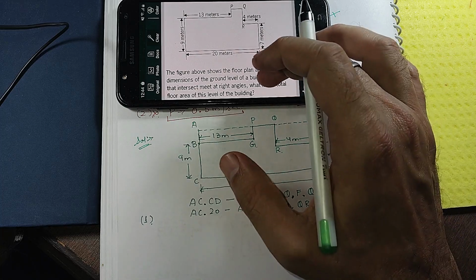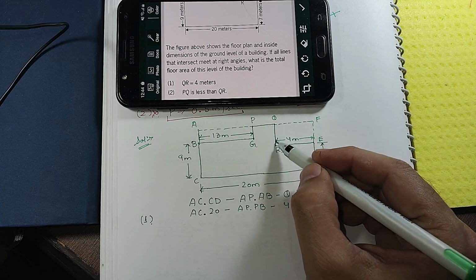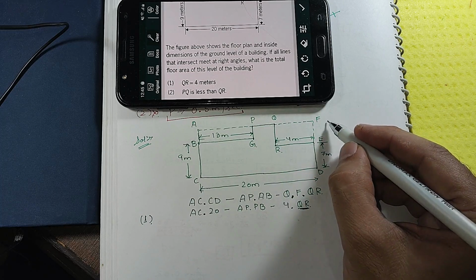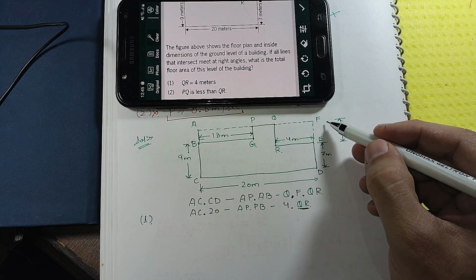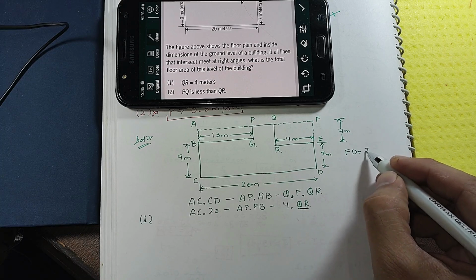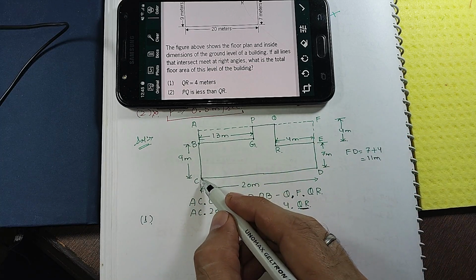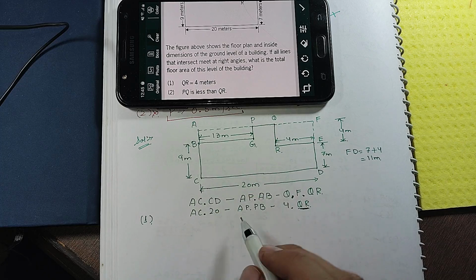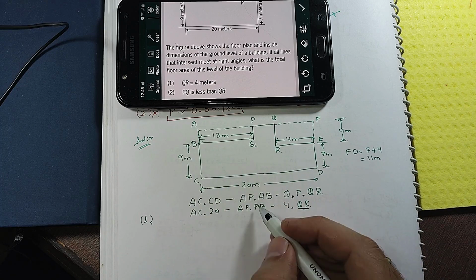Now moving to statement 1. Statement 1 gives us QR equal to 4. With the help of statement 1, I am able to find QR, which is equal to 4 meters. So this whole length will be 11 meters, right? So FD will be equal to 7 plus 4, equal to 11 meters. Now this whole AC becomes 11 meters. Now AP is 13 meters, and from this I can find AB.